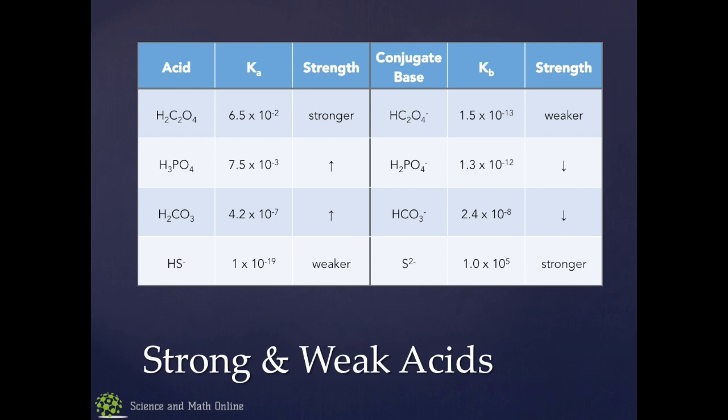So acids in Bronsted-Lowry give away hydrogens, bases accept them or gain them. And then we can have reversible reactions where we have conjugates on the other side, and they're always going to be opposite pairs, where the acid becomes the conjugate base and the base becomes the conjugate acid, and their strength will also switch. Now we'll look at how we measure how much of those ions are present by using what is called pH in the next lesson.